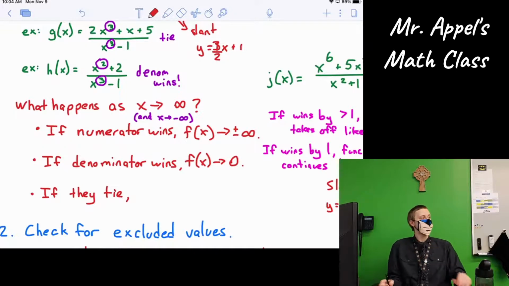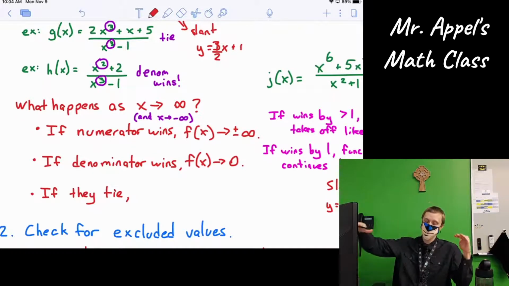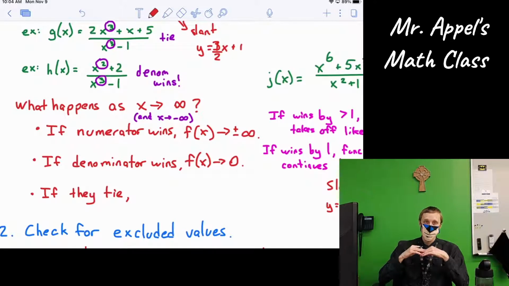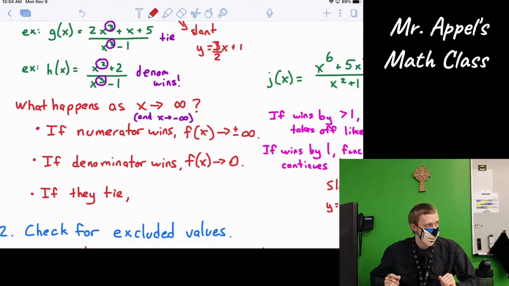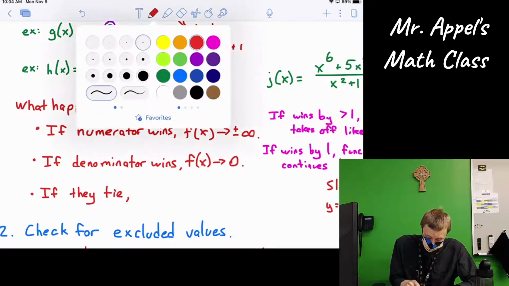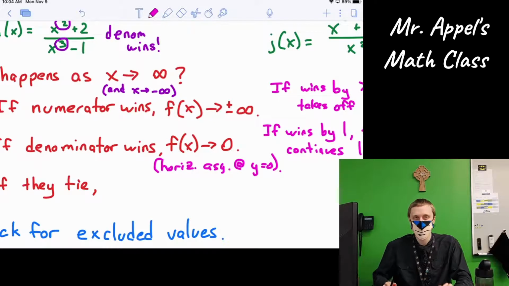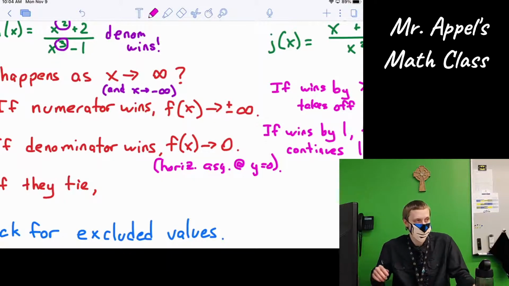The function will approach 0, and so you get that horizontal asymptote at y equals 0. There's flat lines.